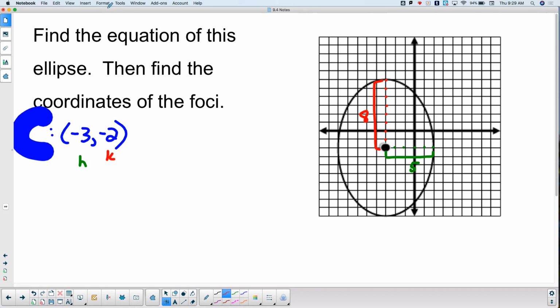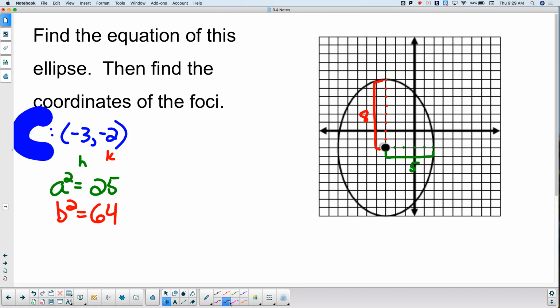What else do we know? What is A squared? That's 25. Okay, love it. Easy. Easy over there.